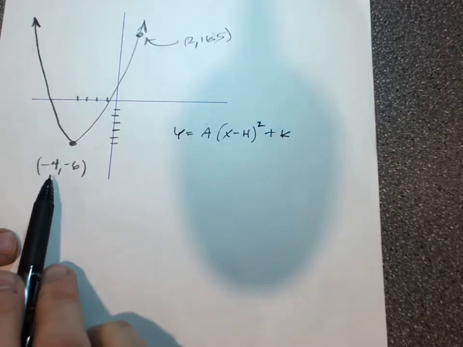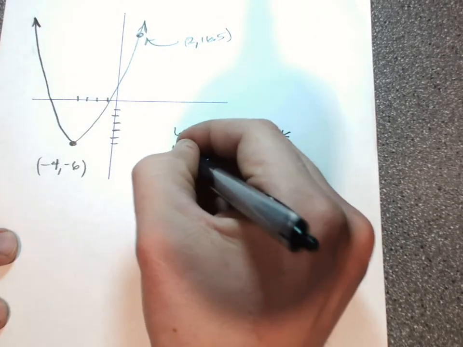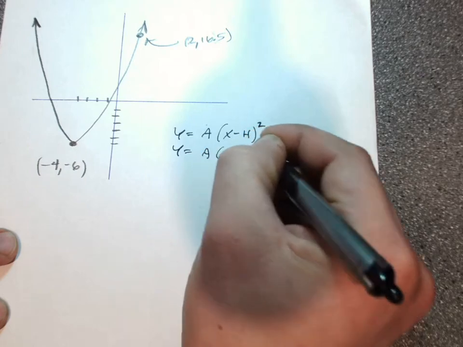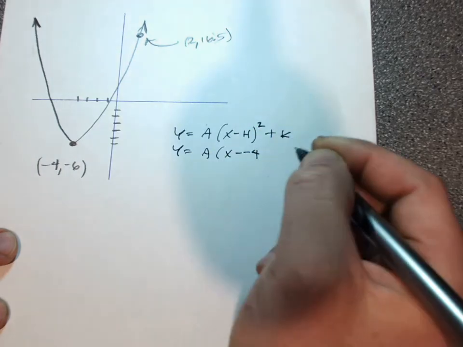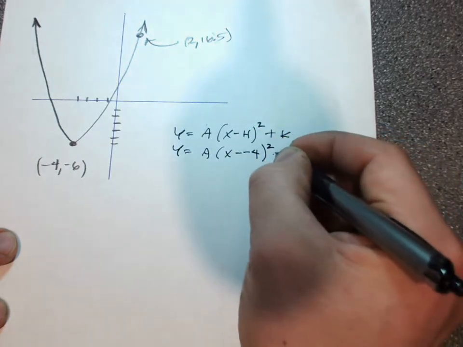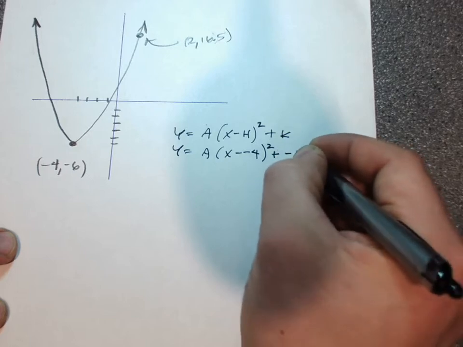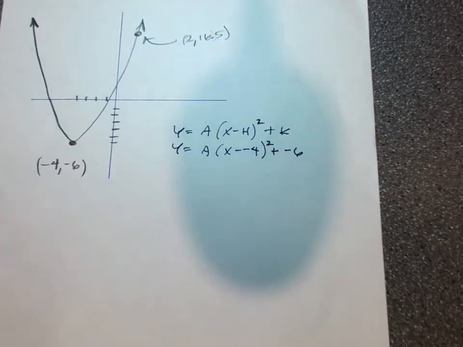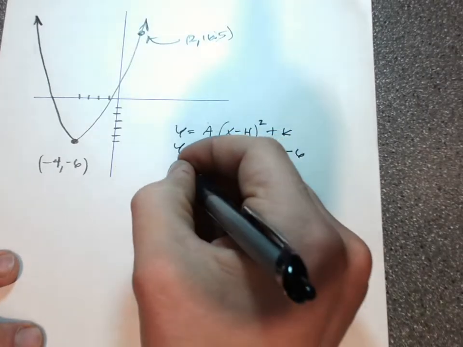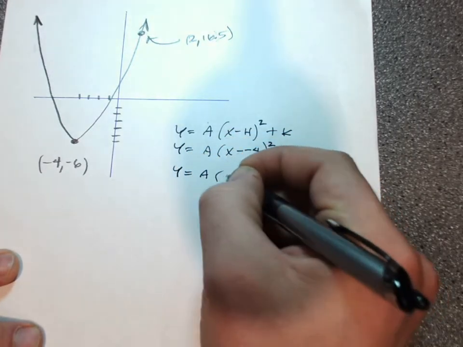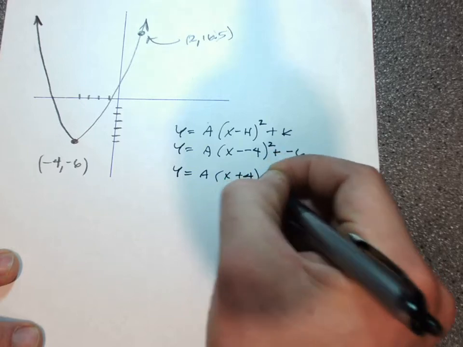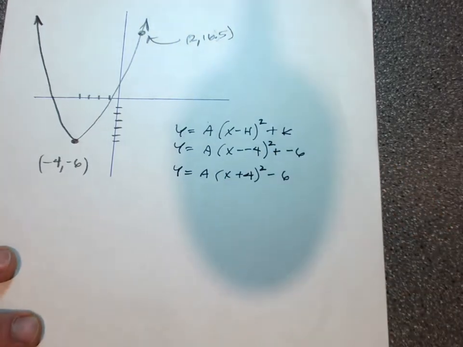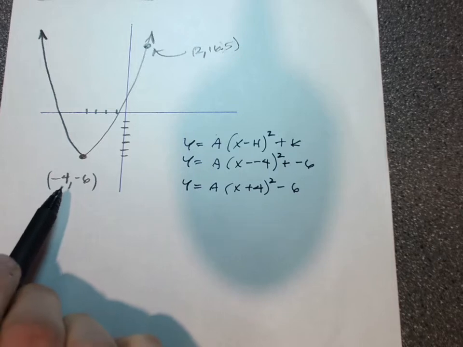And our h value is negative 4. So if you plug this in, it would be x minus negative 4, so that becomes positive. And then plus negative 6. So that's plugging it in. Technically it looks like that. We can of course simplify it a little bit, make it look better so we can work with it easier. It's a(x + 4) squared minus 6 is the parabola that we know thus far.